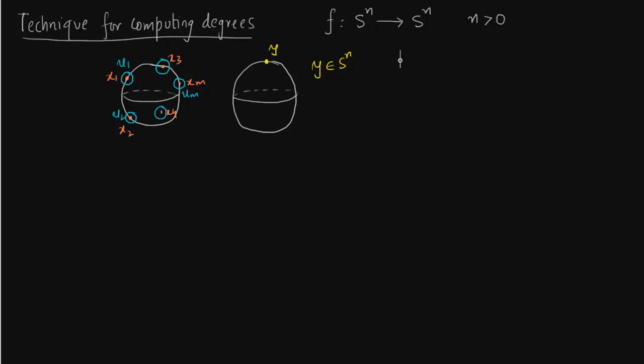Let me write this down. So the pre-image f inverse y consists of finitely many points and their disjoint neighborhoods are denoted by ui.